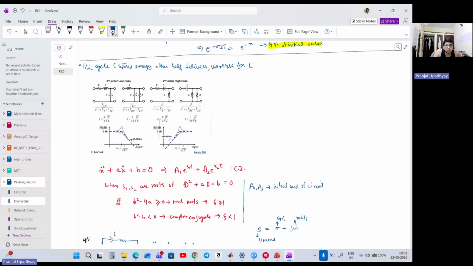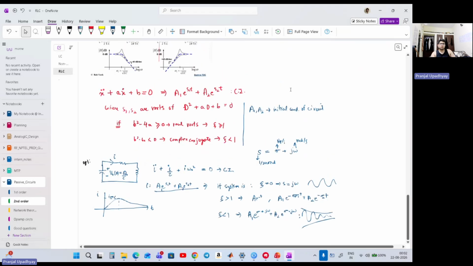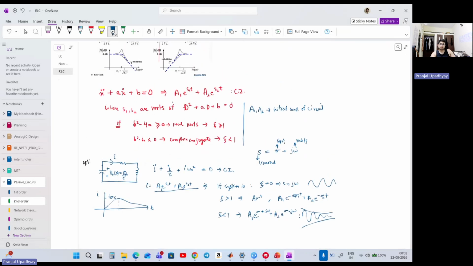These are second order low pass circuits, and these are second order high pass circuits. You can easily understand how these characteristic equations came about, so I'll not really delve into them for the time being. It's just out there. It's not that hard to understand. So we'll just address more things that I have written for myself.